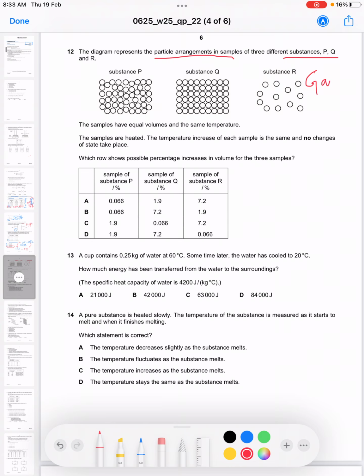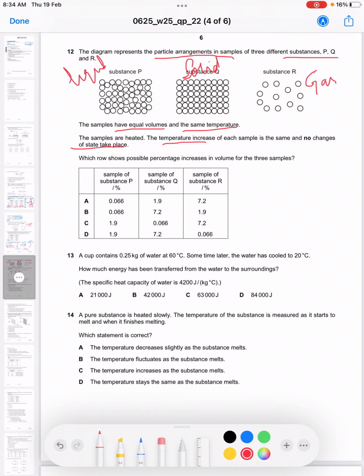These are gases, these are solids, and these are liquid. The samples have equal volume and the same temperature. The temperature increase of each sample is the same and no change of state takes place.